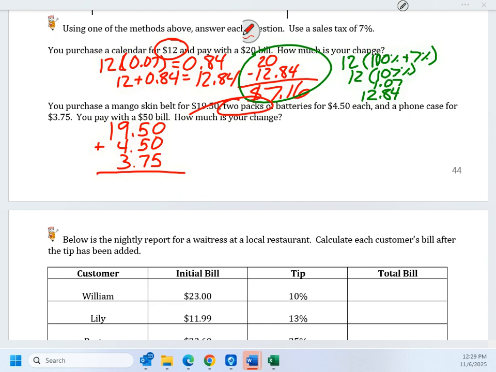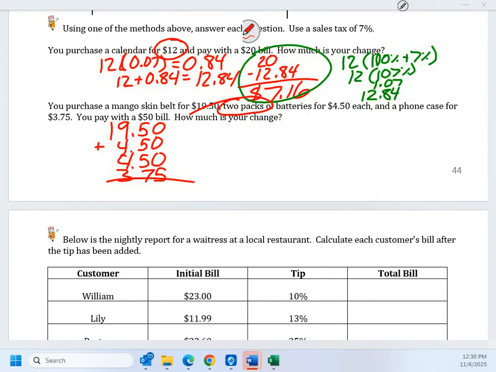You have to be very careful. If it says 2 packs of batteries, we need to make sure when we are adding them together that we actually buy 2 packs of batteries plus that phone case. Be really careful. I'm telling you right now, it pops up a lot.